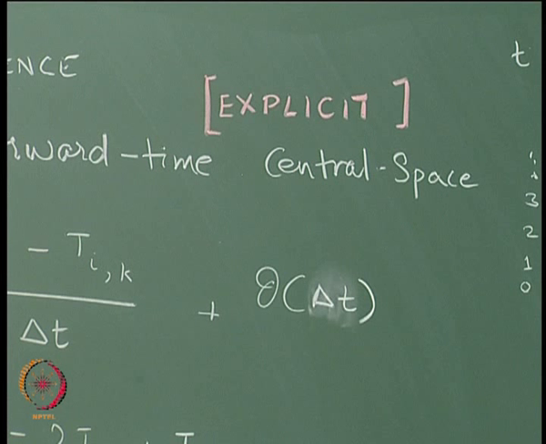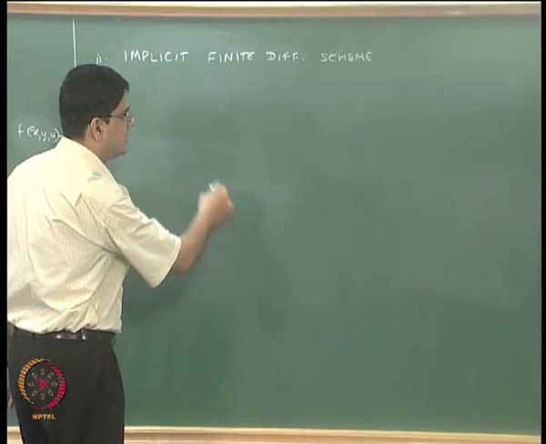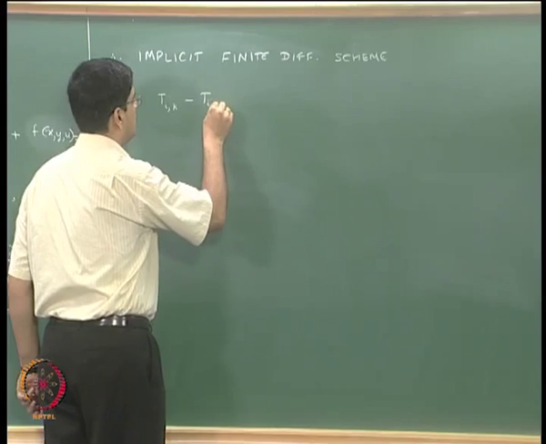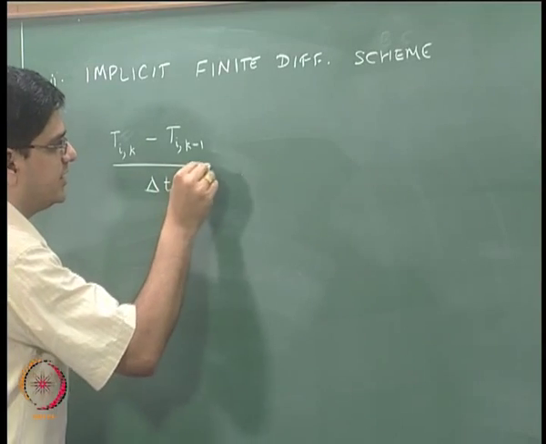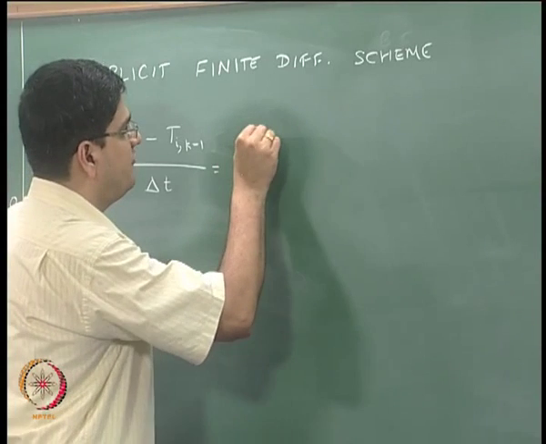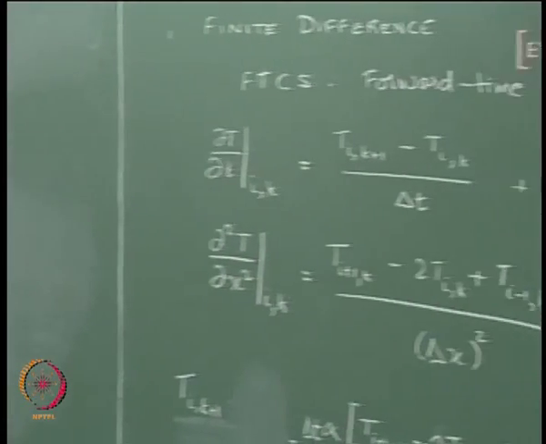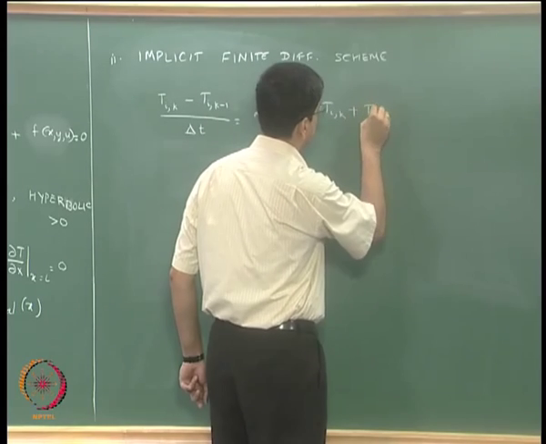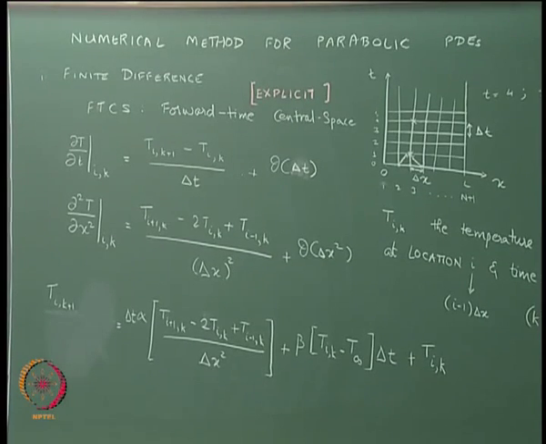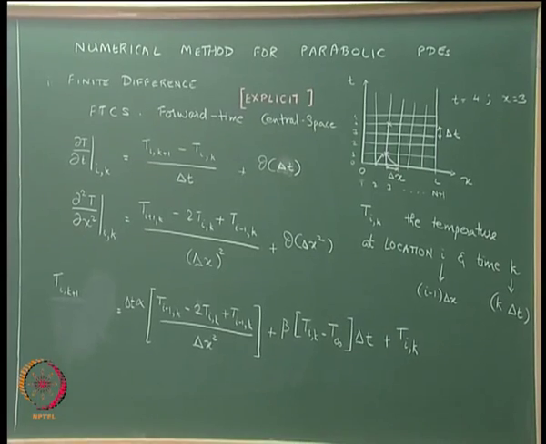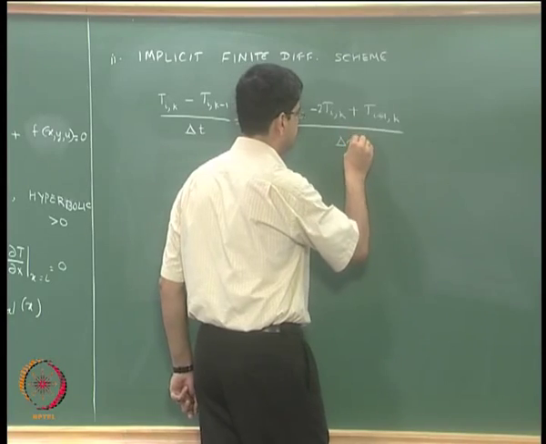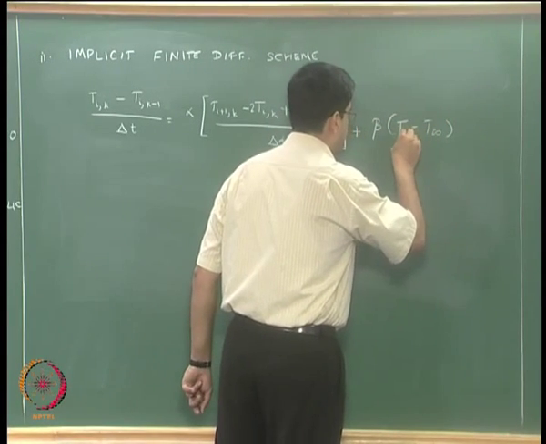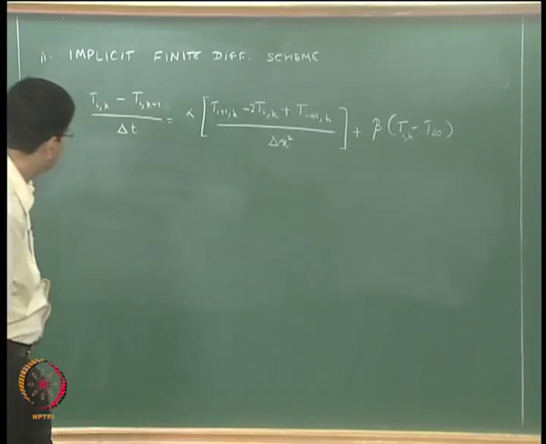And in a similar fashion we can get an implicit method, and that implicit finite difference scheme is going to be Ti comma k minus Ti comma k minus 1 divided by delta t is going to be equal to alpha multiplied by Ti plus 1 comma k minus 2 Ti comma k plus Ti minus 1 comma k divided by delta x squared, and then the term with Ti comma k minus T infinity.